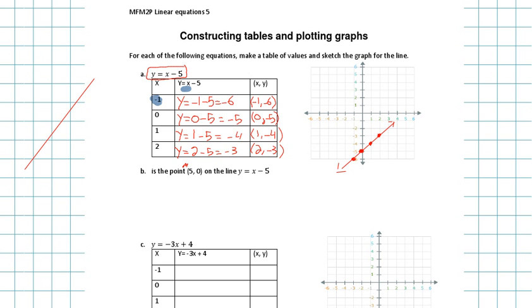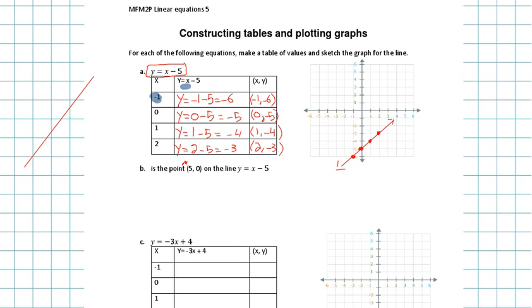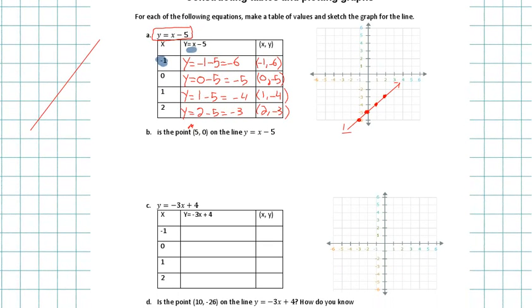Now, let's look at this question. Is the point (5, 0) on the line y equals x minus 5? Yes. How do you know that? Because I looked. You extended that graph.